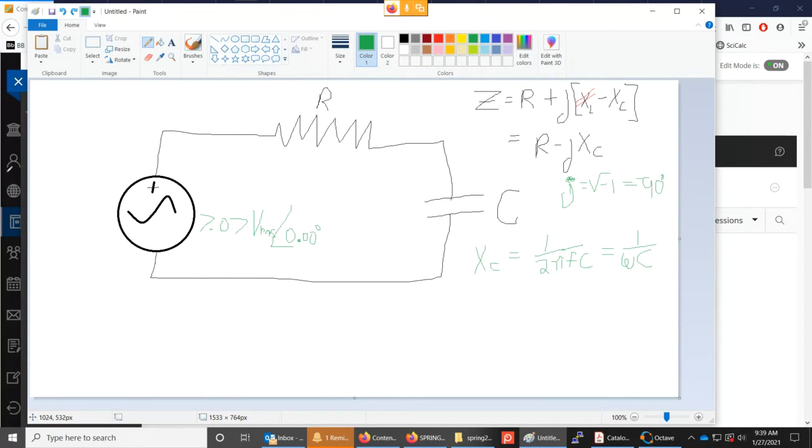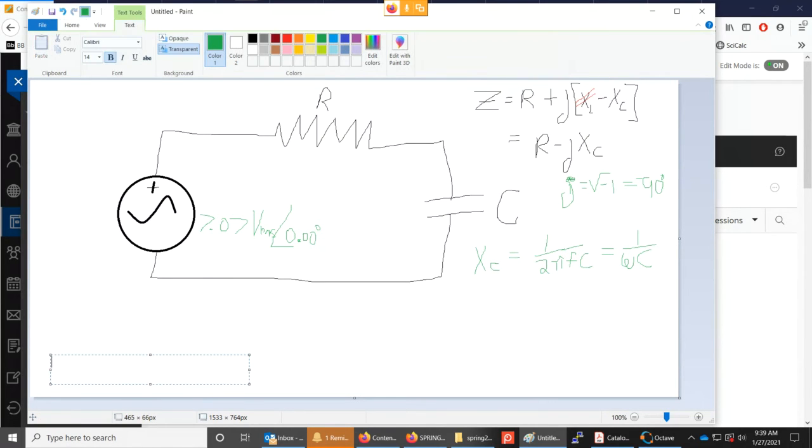So what that means is we go back to what I talked about before, right? Eli the Iceman. Okay, what this means is that the voltage in an inductive circuit leads the current by 90 degrees.